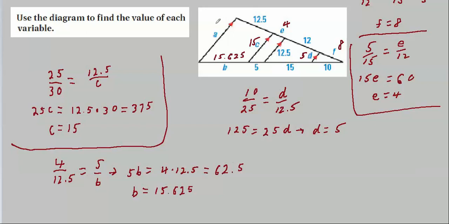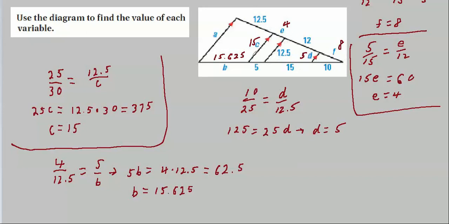Well, all we have left here is A. And remember, we can pick any one of these now. For instance, the ratio of D over A is the same as 10 over the whole thing. Or 8 over this whole thing. Whichever one we like better.